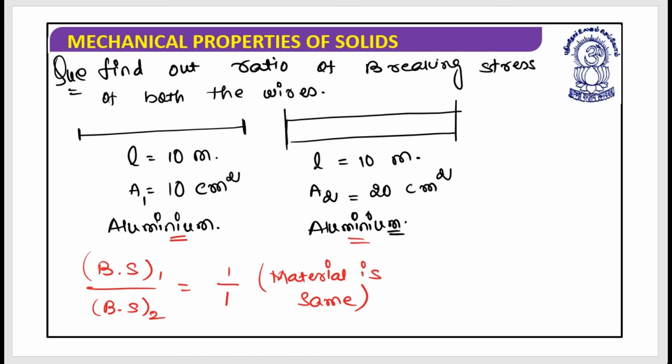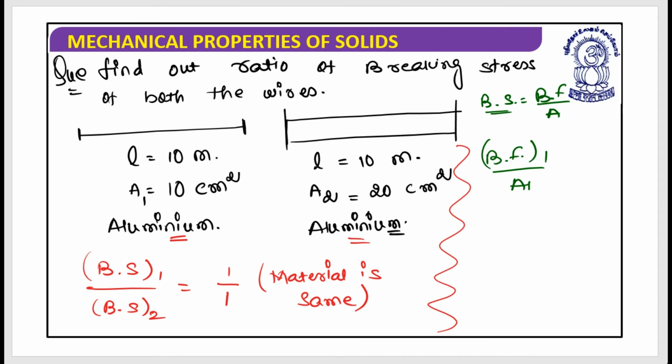I hope this is clear. But now let's suppose I have been asked about the ratio of the breaking force. So I understood that breaking stress is equal to breaking force divided by area. As I know both are having the same breaking stress, so breaking force of first divided by area of 1 is equal to breaking force of 2 divided by area 2.